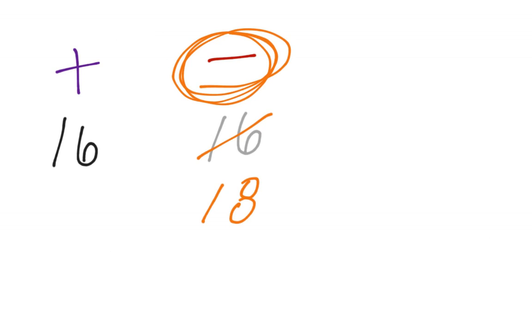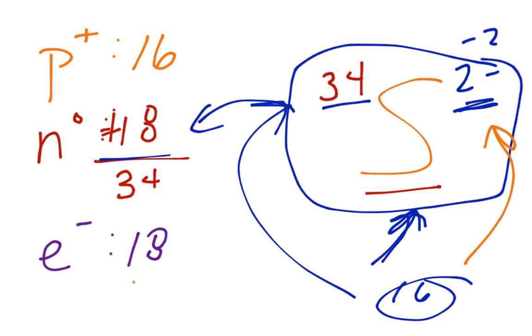If we were going to draw this whole atom, we're going to start out with our nucleus. I'm going to put a little boundary around my nucleus. And we said that we have 16 protons in my nucleus. This is where colors come in, and it's very easy to see if you have colored pencils. Colored pencils are very nice.